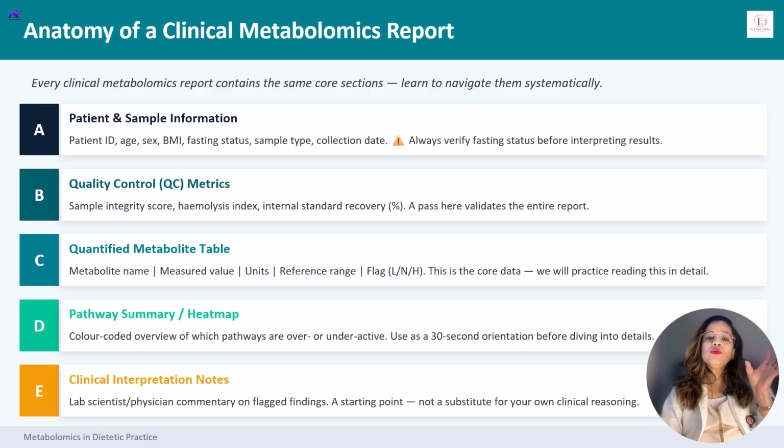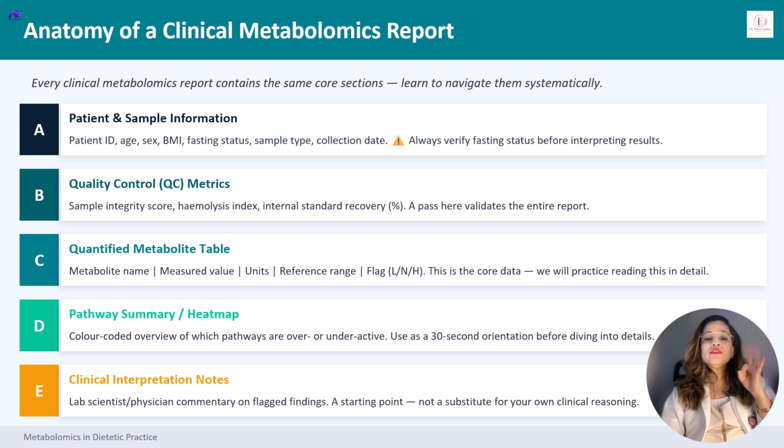Coming to the report anatomy, let's look at what Section A will tell you. It will tell you about the demographics of the patient, the age, the sex, the creatinine levels, amino acid levels. Because it's a non-fasting sample, it could alter the glucose, the triglycerides, and some amino acid levels.